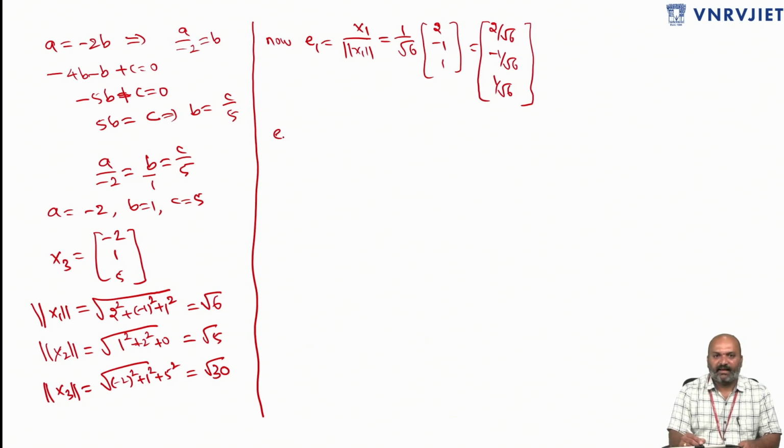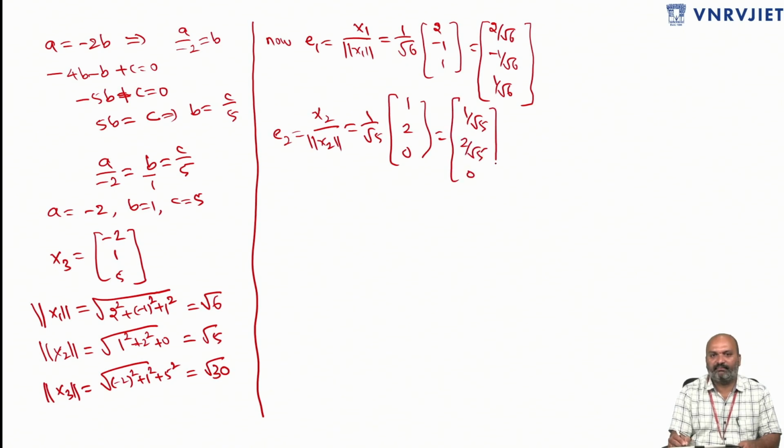Now E2. E2 is equal to x2 divided by the magnitude of x2. It is 1 by root over 5, times 1, 2, 0, which is equal to 1 by root over 5, 2 by root over 5 and 0 by root over 5, 0. Next E3.